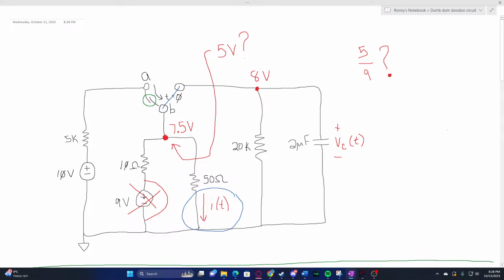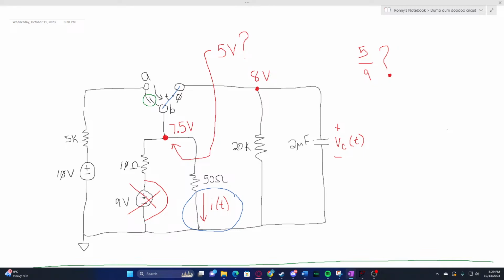How would that 5K come into play at any point? Maybe they figured the 10 volt source doesn't have anything to do with this. What is 20K in just for kicks? What is 20K in parallel with 5K? 4K. Okay. Wait, let me think.